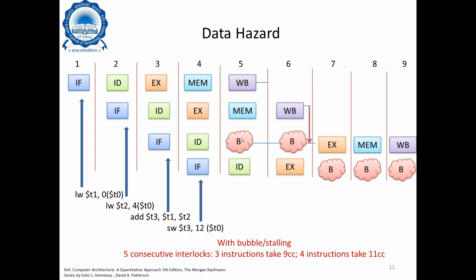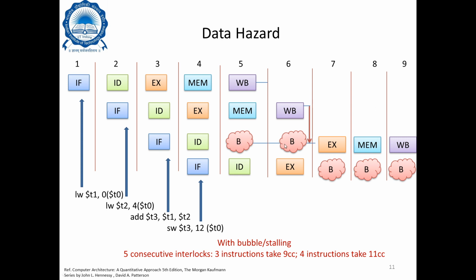But unfortunately we need the executed value in clock cycle number 5. So we insert a bubble here. This is called injecting an interlock, or inserting a stall. We will have to stall because of an interlock or a bubble. So we insert a bubble or stall here, and then we move to clock cycle number 6.